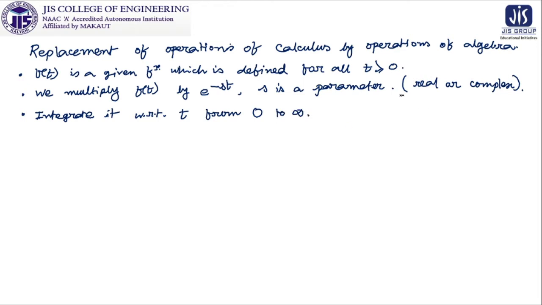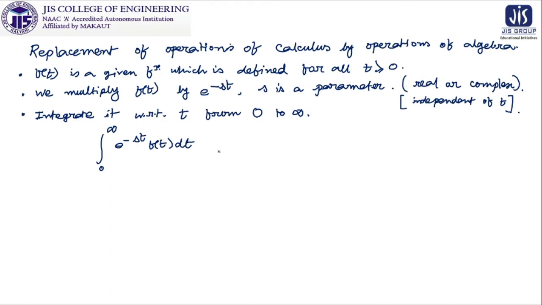One thing to be mentioned is that this parameter s is independent of t. So now what we are getting, please check, is the integral from 0 to infinity of e to the power minus st f(t) dt.